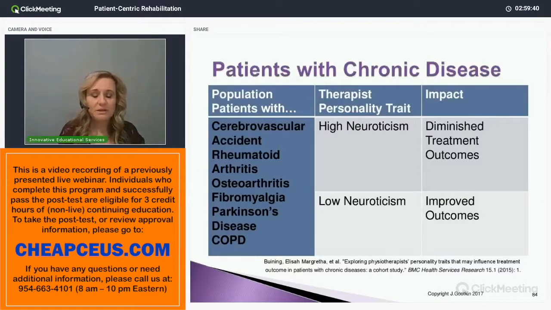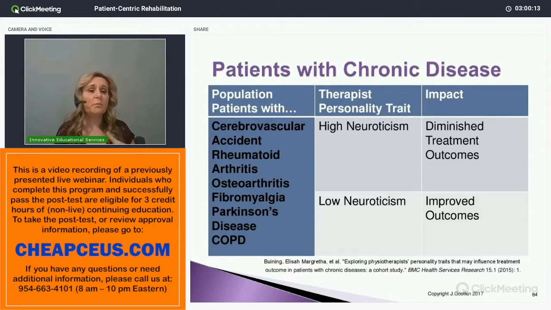And what they found in looking at individuals who have these chronic diseases, they evaluated, I want to say it was around 400 patients who were treated by about 39 different occupational therapists. And they found that the clinicians who had high neuroticism traits, that they themselves tended to not be as calm and confident and even-keeled in things, that there were decreased therapeutic outcomes for those patients.